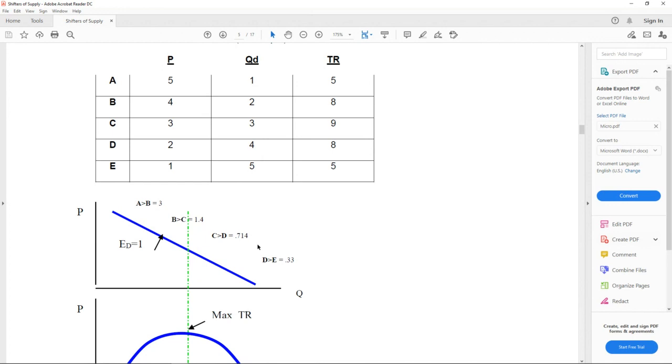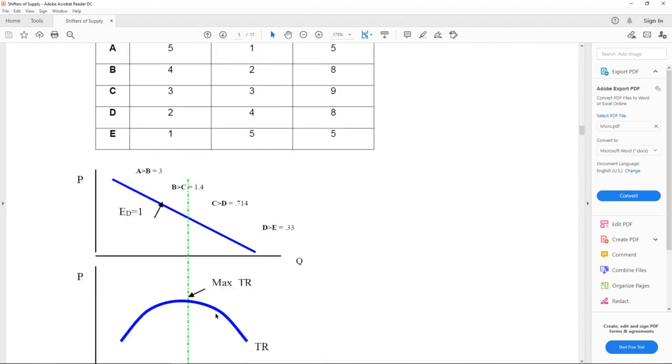It is now telling us if we lower the price, we're going to give up quantity. We'll lower the price and we'll sell additional units, but our total revenue is decreasing. And it's decreasing at a decreasing rate.